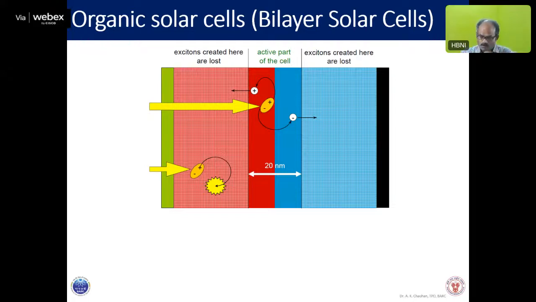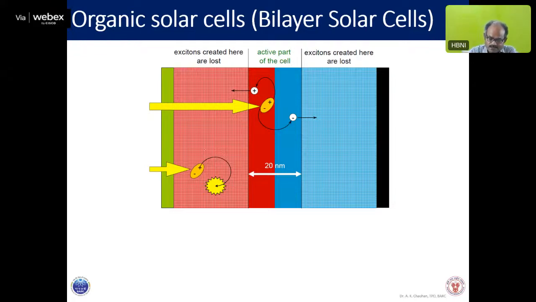Now this typical distance is called the diffusion length, which is very low. It is of the order of a few nanometers. So let us consider about 20 nanometers.